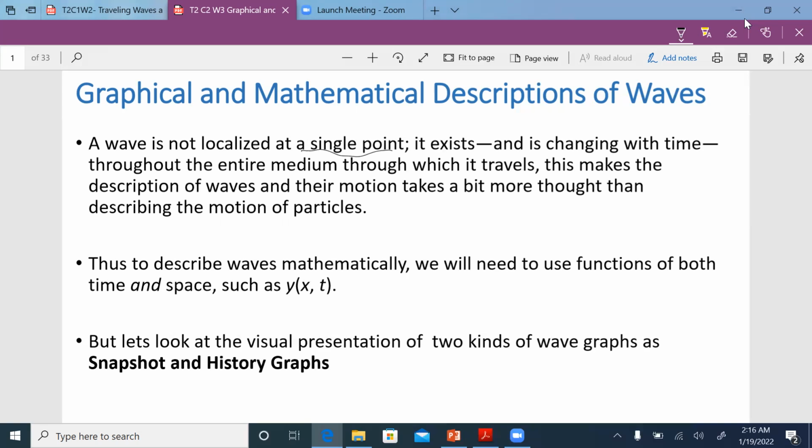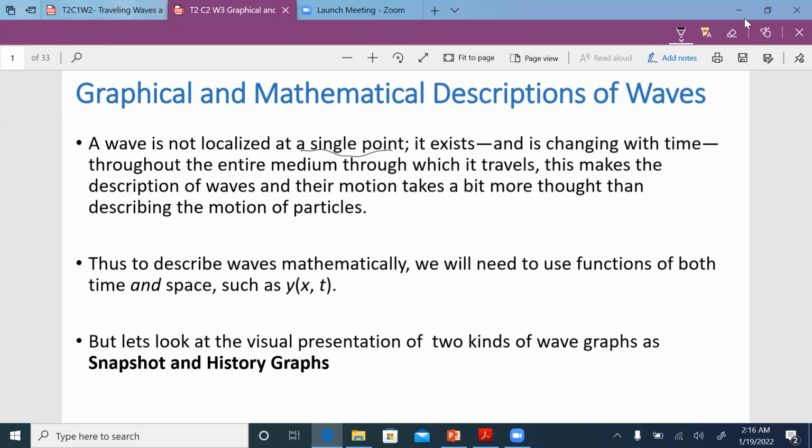Also, we want to point out that because they are not localized at a single point and they change as they travel through the medium, this makes the description of wave something dynamic, and their motion takes a bit more thought to describe than just the motion of particle that we can easily say it's moving from A to B and we'll draw the trajectory.